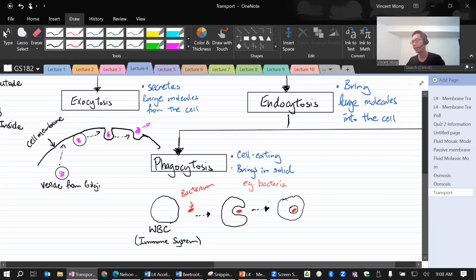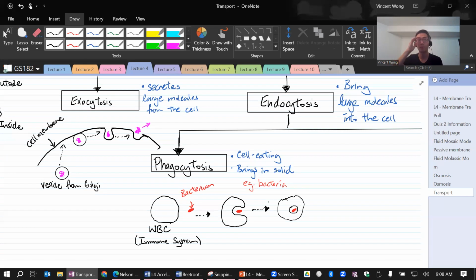You do this every day. You have macrophages all over the body. In the lungs, for example, we breathe in a lot of bad stuff from the air. In the lungs, you have these white cells that would just eat up all those things. You have white blood cells in the liver and the spleen that would eat up worn out red blood cells. Your red blood cells are only good for 3 months.